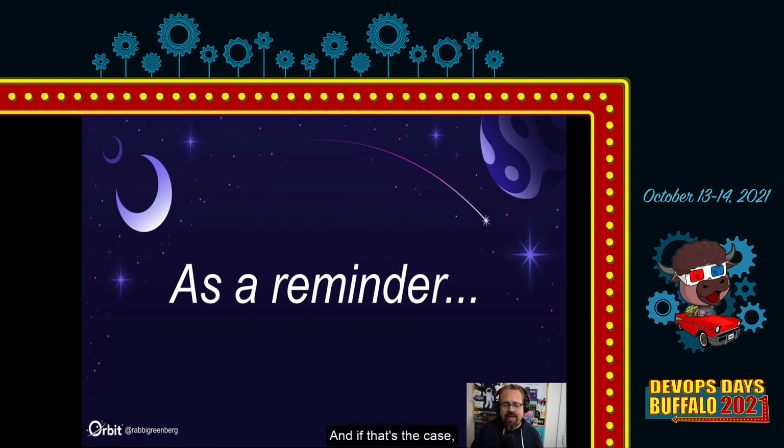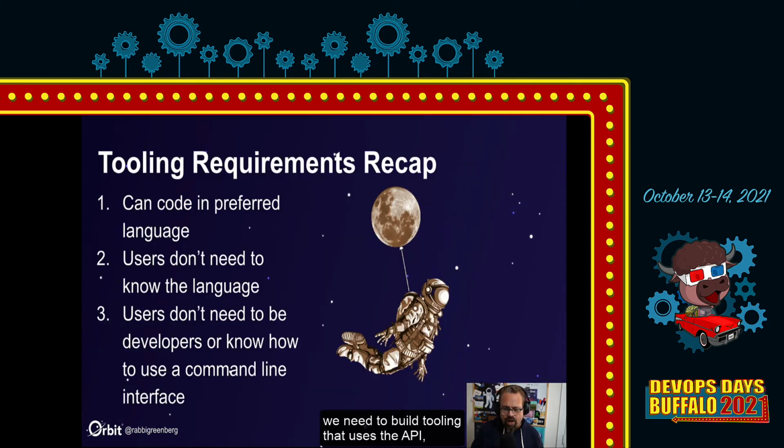And if that's the case, we need to build tooling that uses the API, but also accomplishes the requirements as outlined here. At the base of the tool we're going to build is essentially a tool that leverages two APIs.